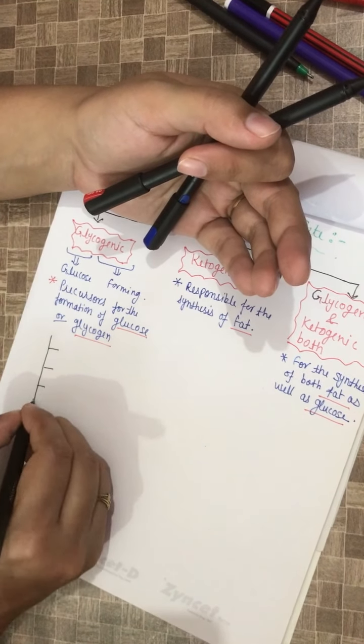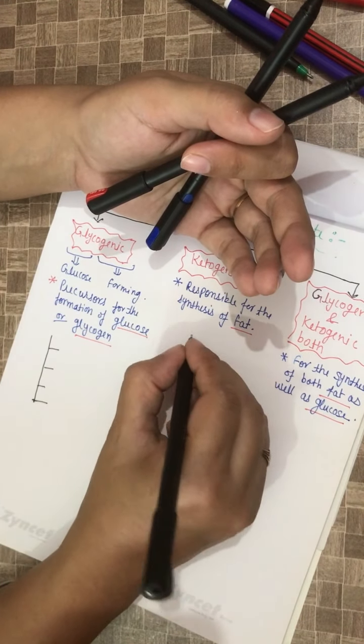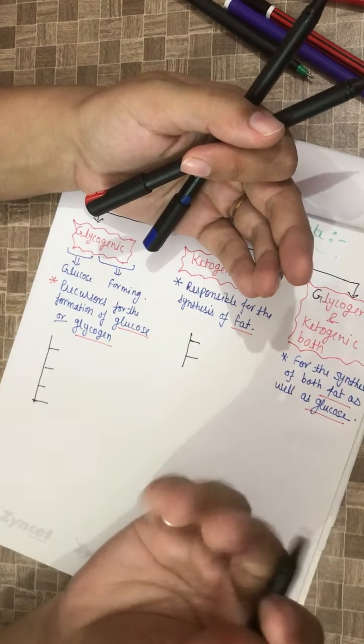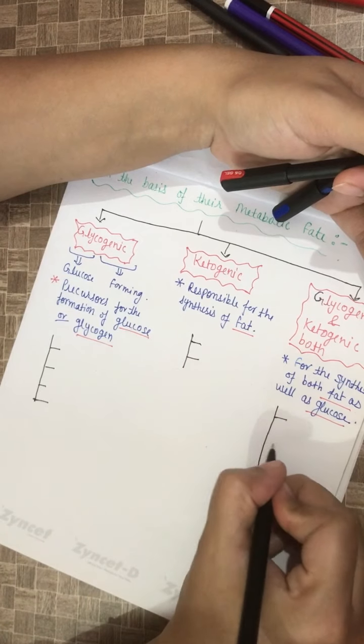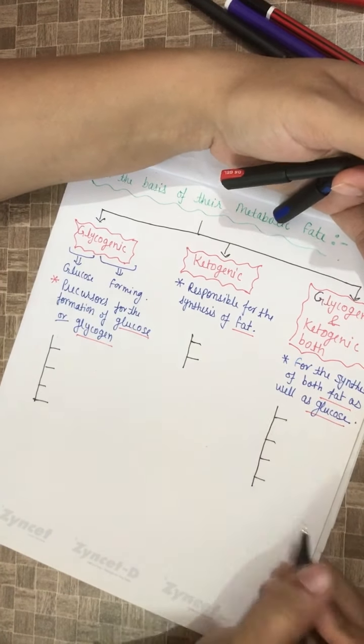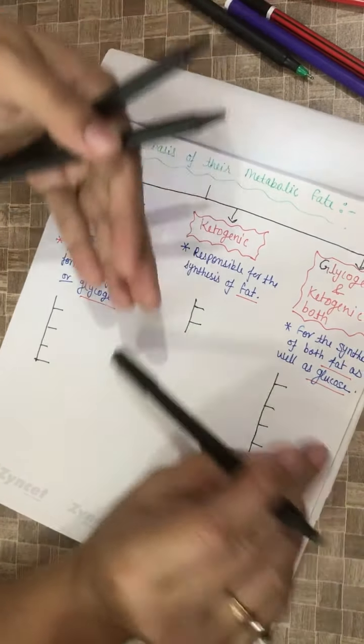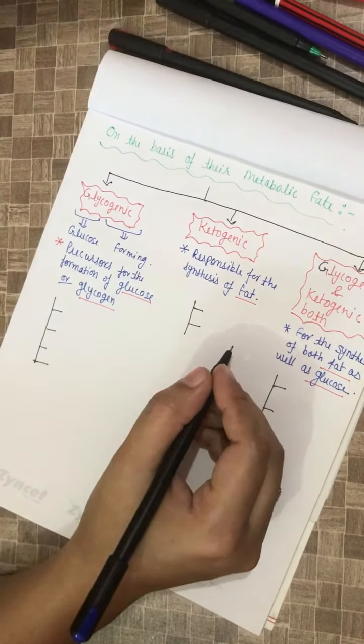So mainly the amino acids are divided into those that are glycogenic, two that are exclusively ketogenic, and four that are both glycogenic and ketogenic.